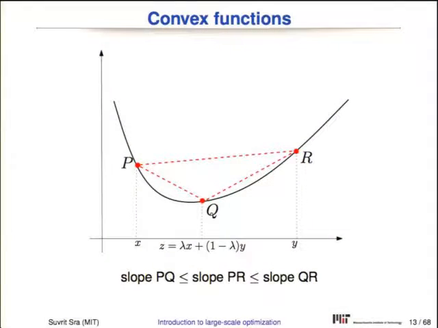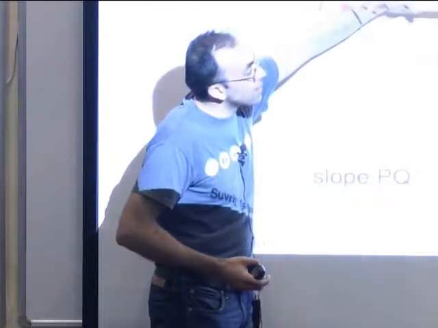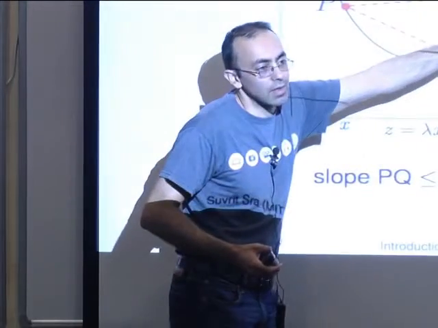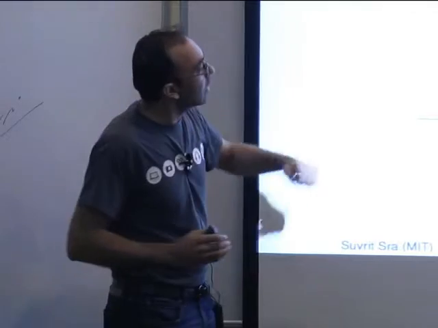So the third one is that for convex functions, the slopes increase monotonically as you go from one end to the other. So here PQ has this negative slope, then PR has higher slope, and then QR has even higher slope. So think of slope as a signed number, right?